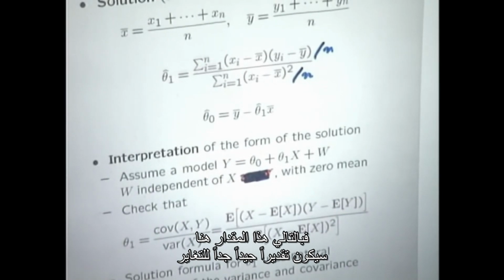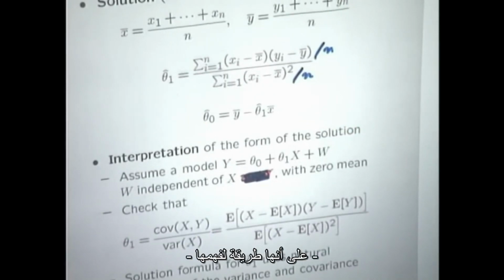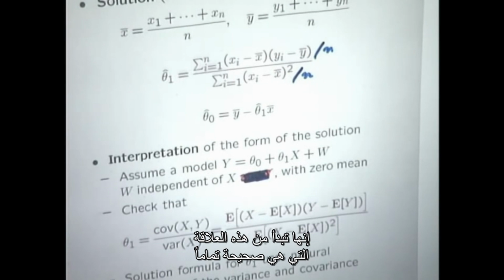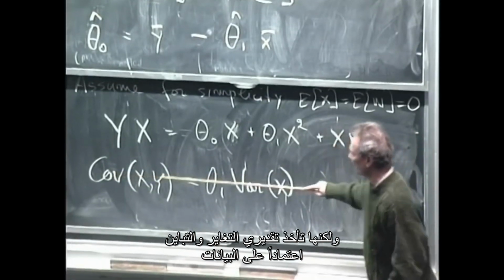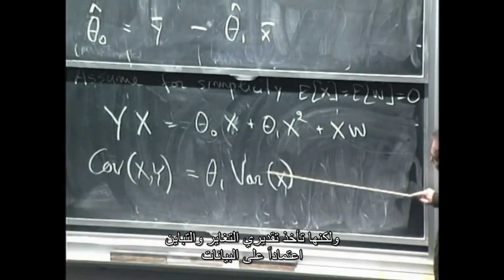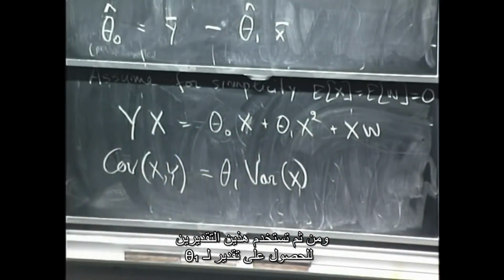And if we have lots and lots of data points, this quantity here is going to be a very good estimate of the covariance. So one way of thinking about what this formula does is that it starts from this relation, which is true exactly, but estimates the covariance and the variance on the basis of the data, and then uses these estimates to come up with an estimate of theta 1.